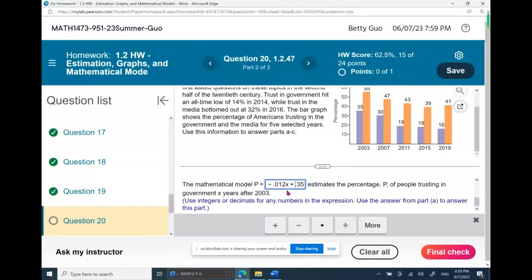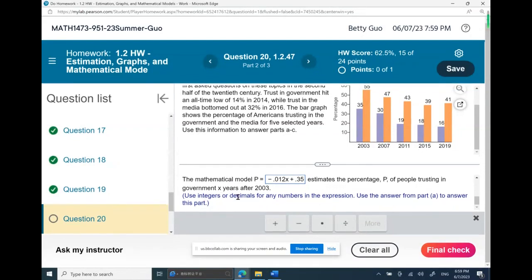When x equals 1 is 0.35 minus 35% minus 1.2%. What's wrong with my answer though? From part A to answer this part.